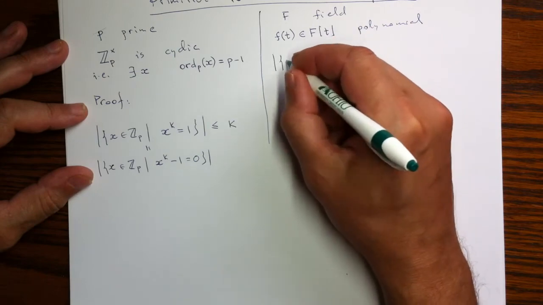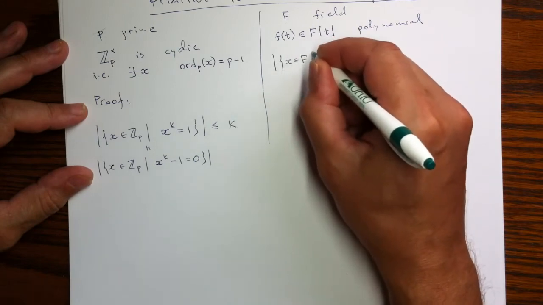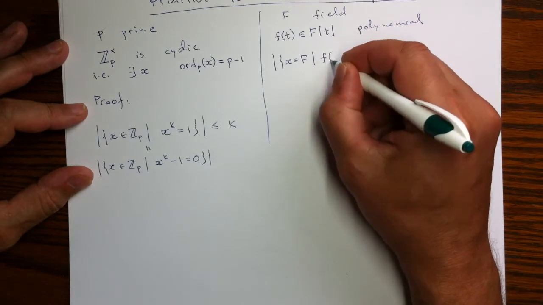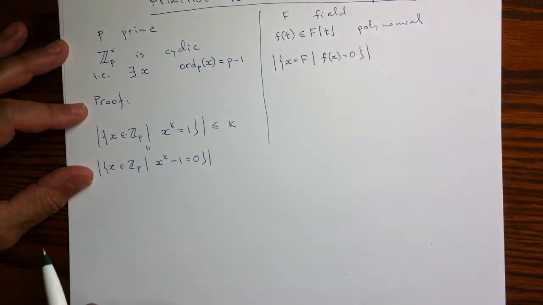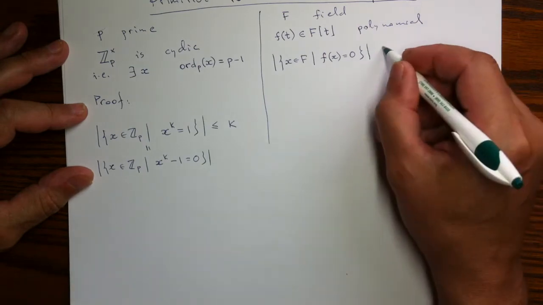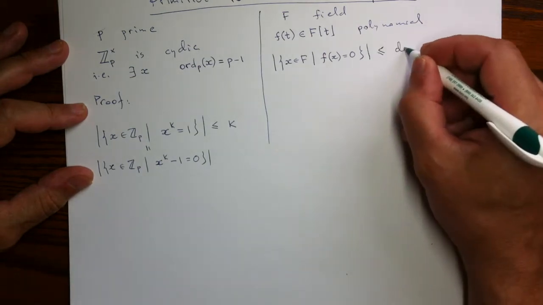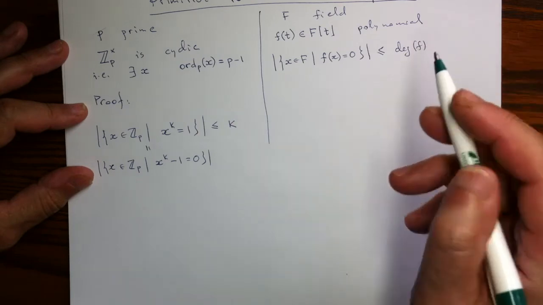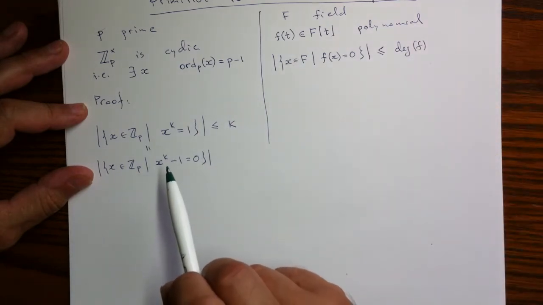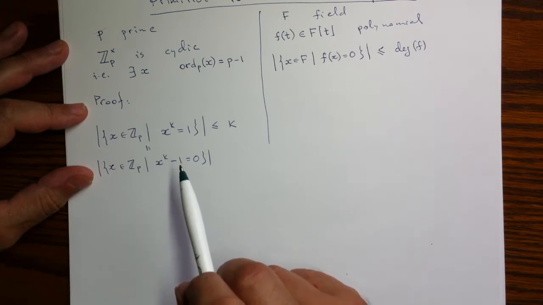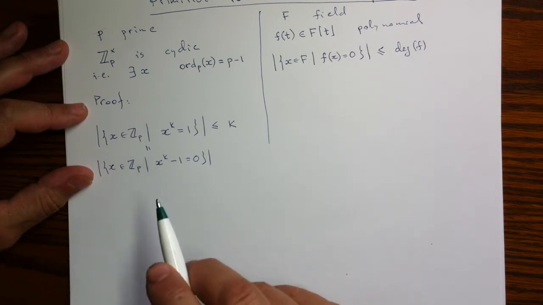So again, I'm looking at elements of my field, scalars, which solve this polynomial equation, and then I can be sure that the number of such solutions will not be bigger than the degree of the polynomial, and the degree, of course, is the highest power of t appearing in the polynomial.